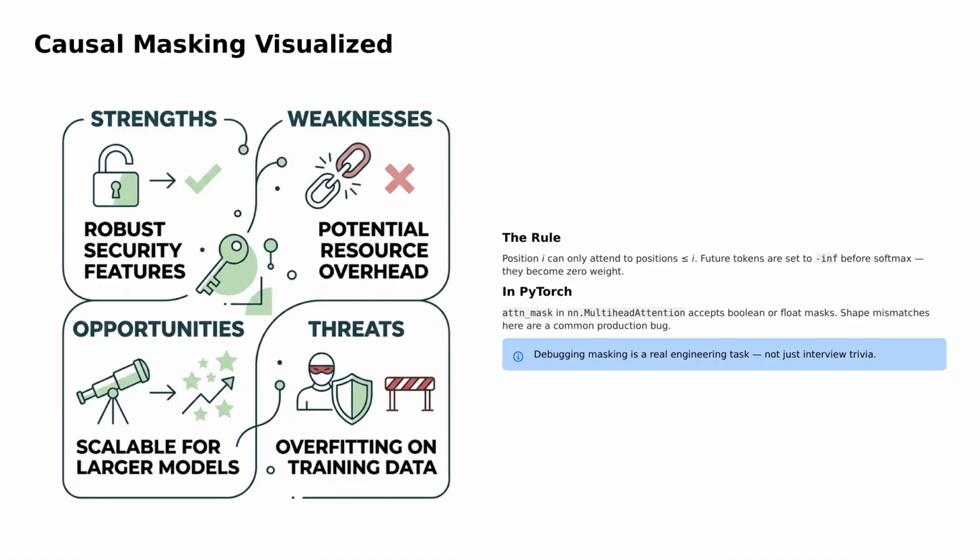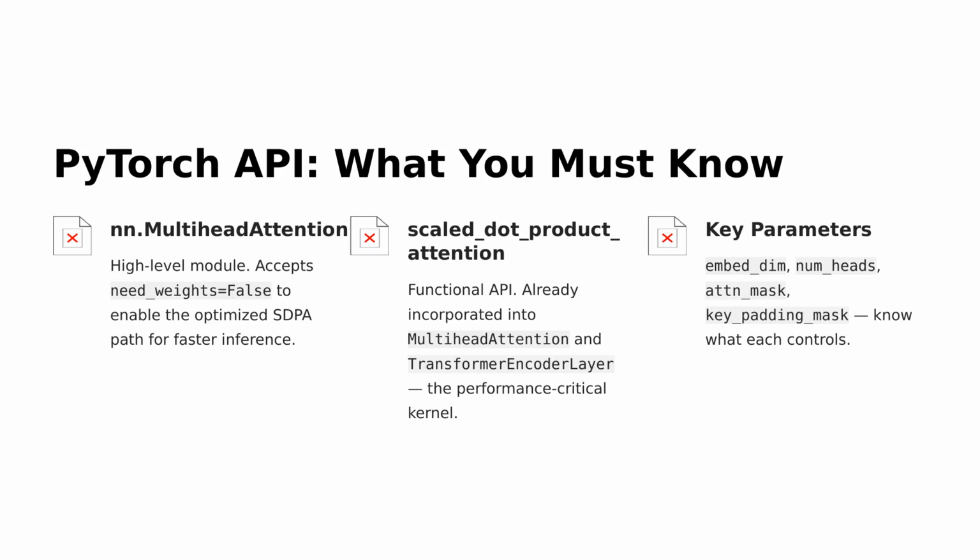common real-world bug. In PyTorch, the main attention APIs to know are nn.MultiheadAttention and scaled_dot_product_attention. MultiheadAttention is the high-level module, and if you set need_weights to False, it can use the optimized SDPA path for faster inference.